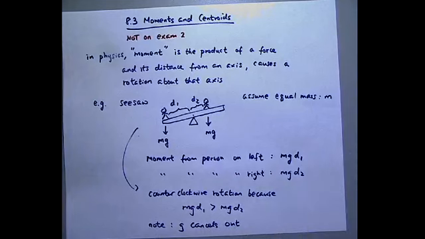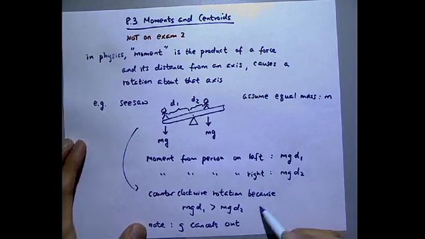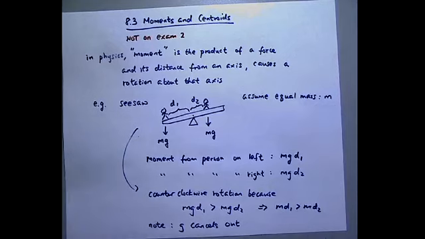And also note that this g, the gravity acceleration here, cancels out. Regardless of the mass on either side and the distance on either side, if the gravity stays constant, the moment comparison is only dependent upon mass and distance, not really the gravity here. Okay, so that's the basic idea of moment.